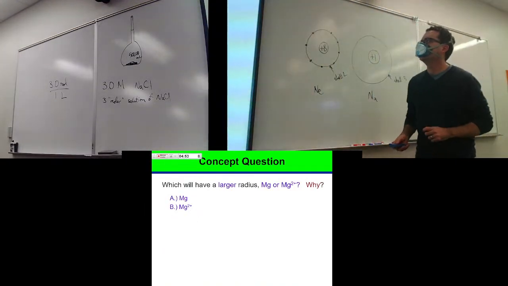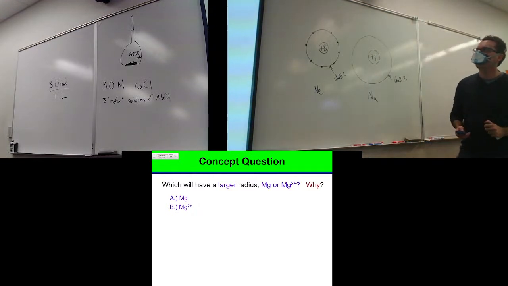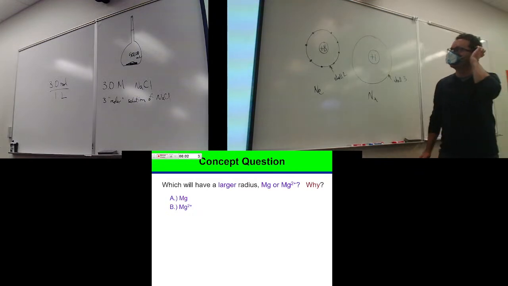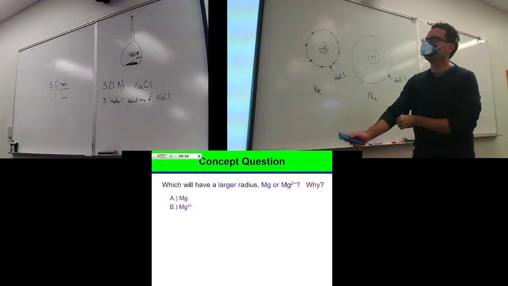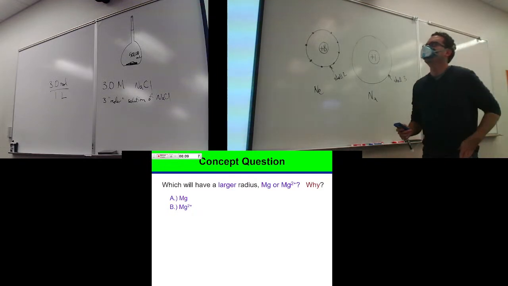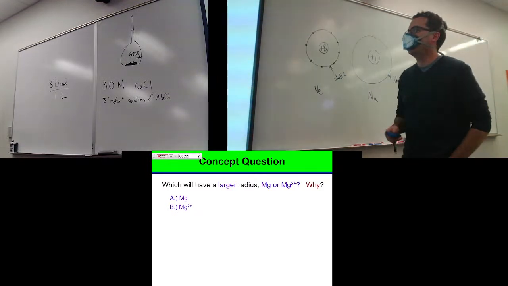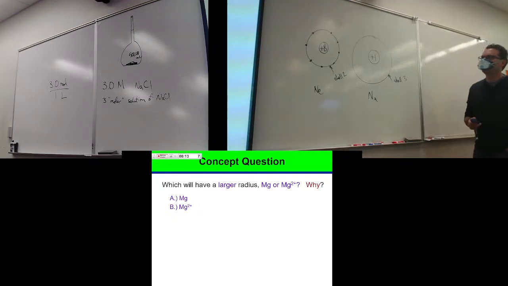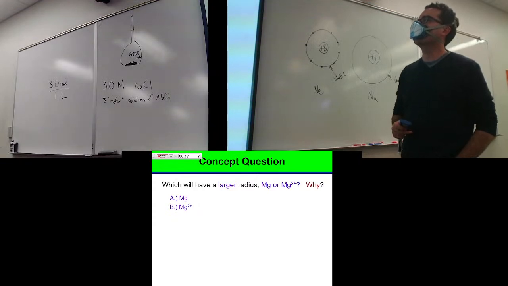So, which has a larger radius, Mg or Mg2+? Which is bigger? These are also good test questions, really quick, something you should be able to answer at some point.